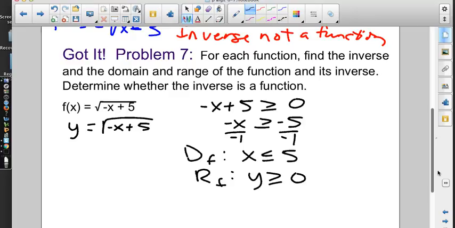All right, so we've got our domain set and ready to go. So let's go ahead and write our inverse. Step 1. Step 2. Square it.